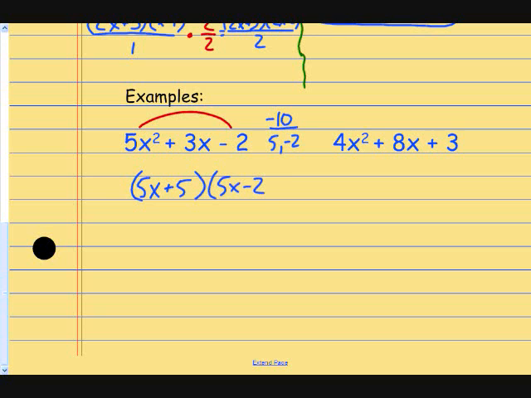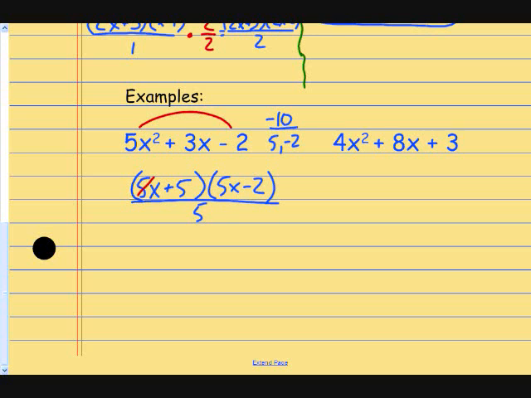And the thing that I've essentially done wrong here is I've multiplied by too many 5's, so I have to compensate for that by dividing by a 5. So now instead of multiplying by too many 5's, I've really multiplied by 1, 5 over 5. And when I look at the two binomials, I can't divide the 5 out of the second binomial. I have to divide it out of the first binomial. Okay?